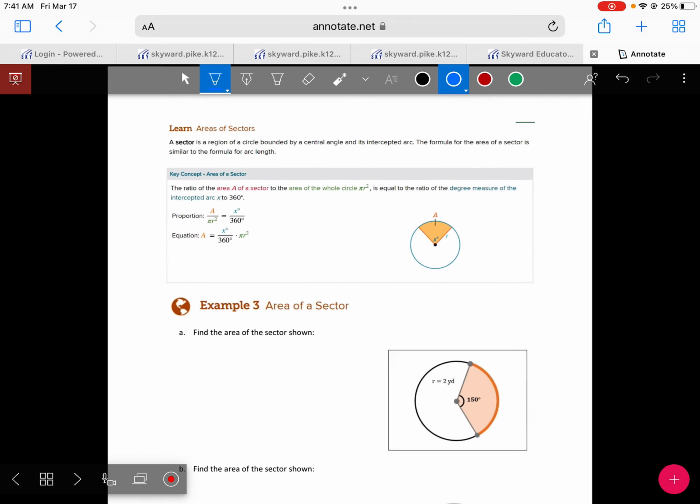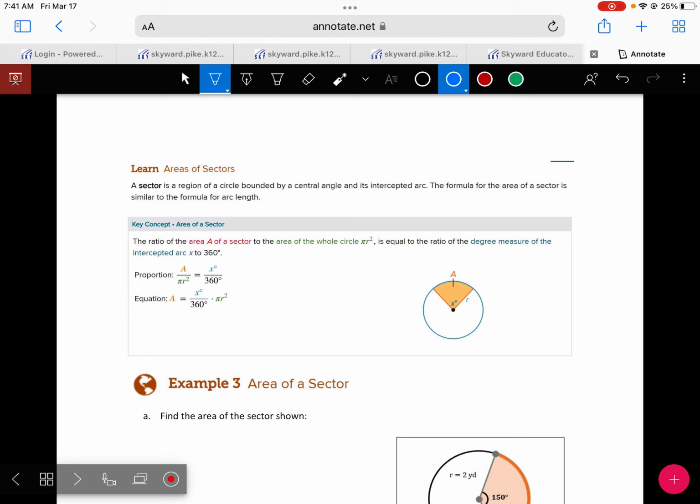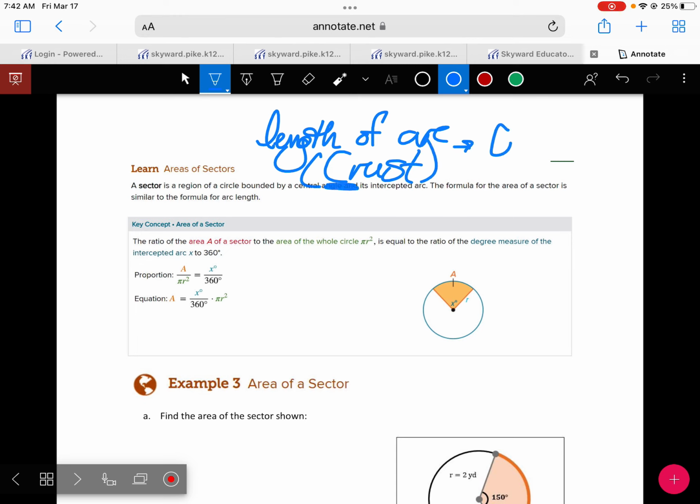All right, so area of a sector. We are used to finding the length of an arc, which we know is the crust; we used circumference, right? Now we have what we call a sector.